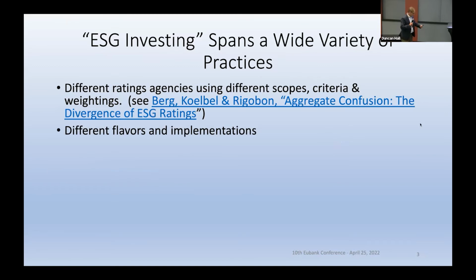So in addition to different scores, there are also different methods of ESG. The oldest is what we call socially responsible investing, which was basically a negative screen: remove sin stocks, gambling, alcohol, tobacco, defense contractors. Governance has been part of the investment process for a while.